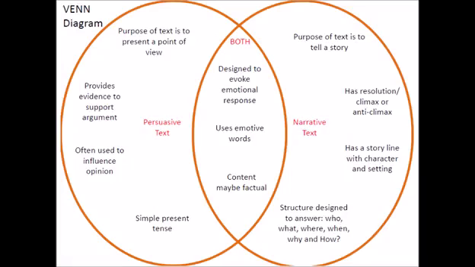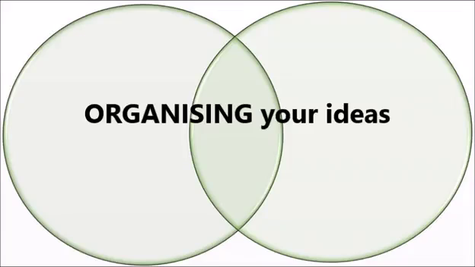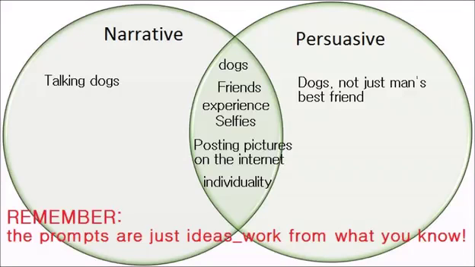This is the more commonly known Venn diagram that students are more familiar with. So once they've brainstormed all their ideas, they then organise them into the Venn diagrams, comparing and contrasting which ideas would be best, those persuasive or narrative, or in most cases, ideas that can go for either persuasive or narrative.